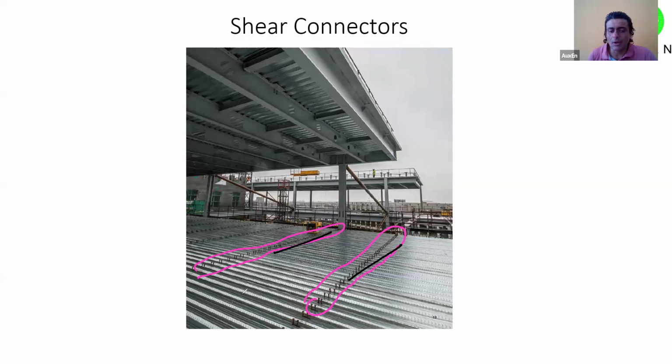Now on top of it, there will be concreting that will be done later on. Do you see any props? Do you see any scaffolding? So you don't see any scaffolding. There is no scaffolding that has been installed.